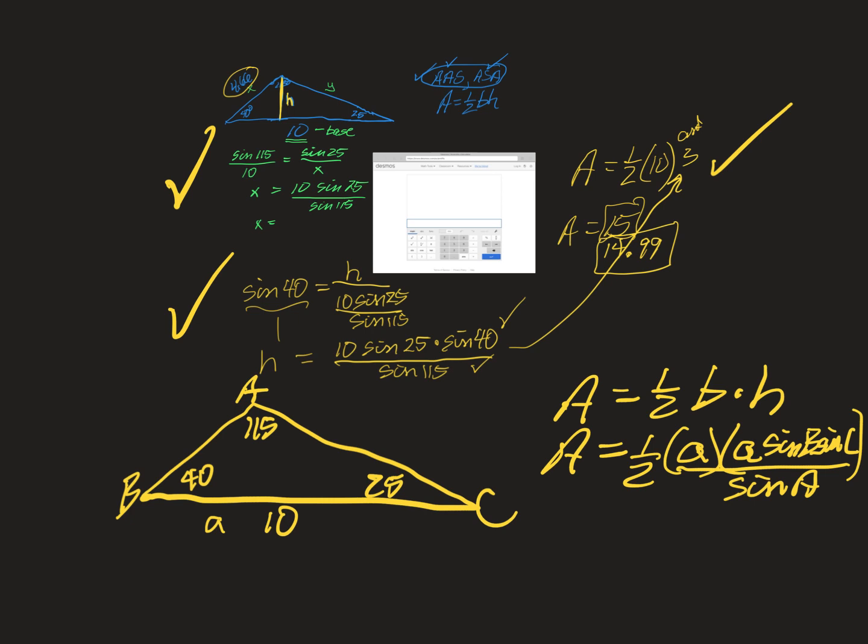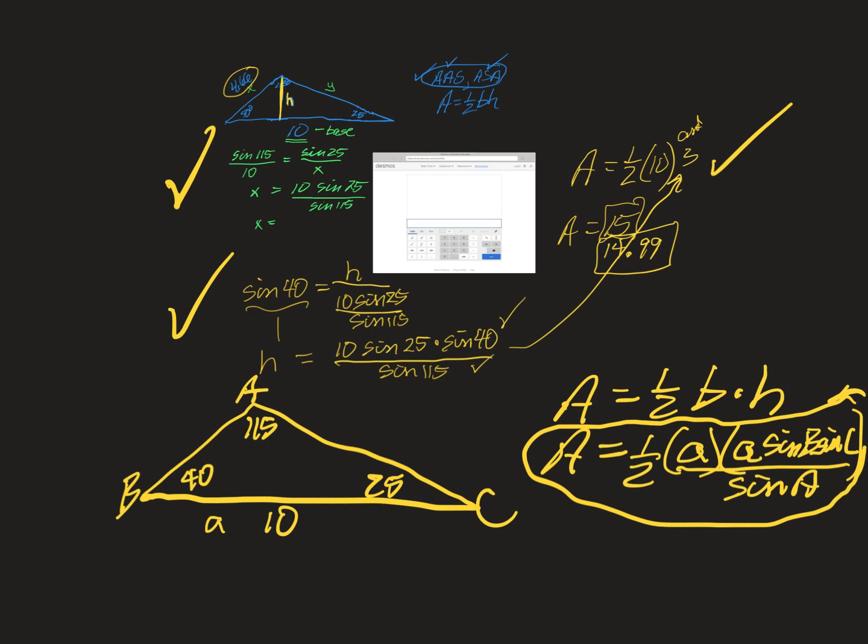Now, you can use the formula that they give you, but the challenge with the formula is you got to make sure you get the A, B, and C all labeled in the correct spots.